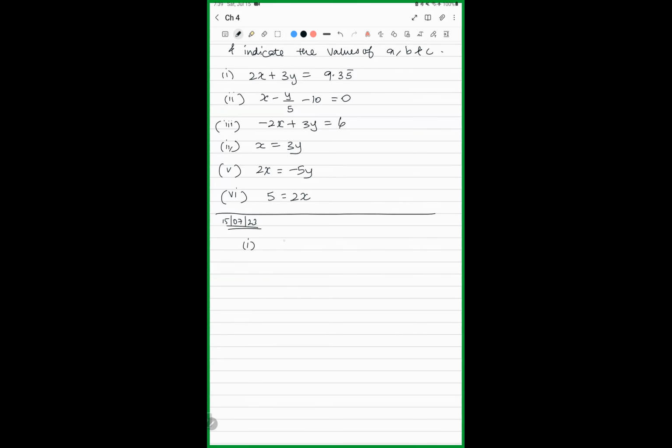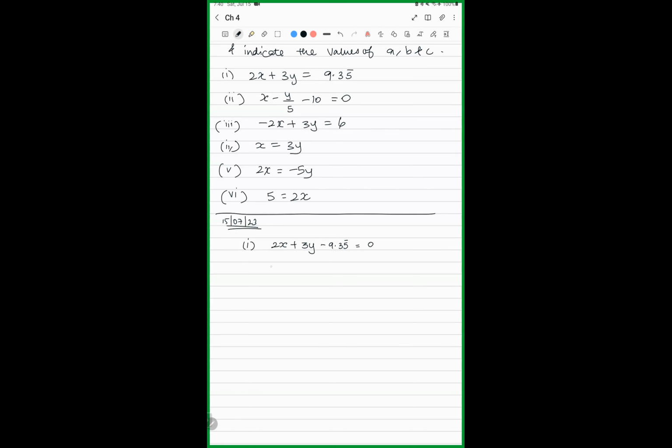Zain, 2x plus 3y, then minus 9.35 bar is equal to 0. This is the standard form.